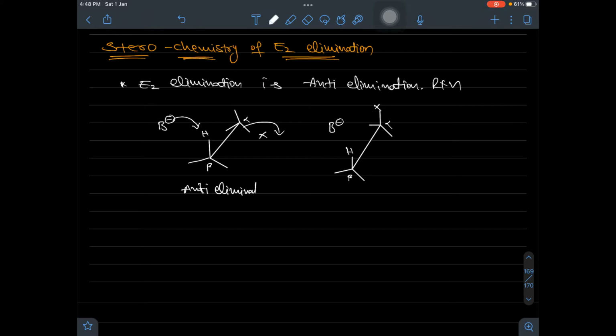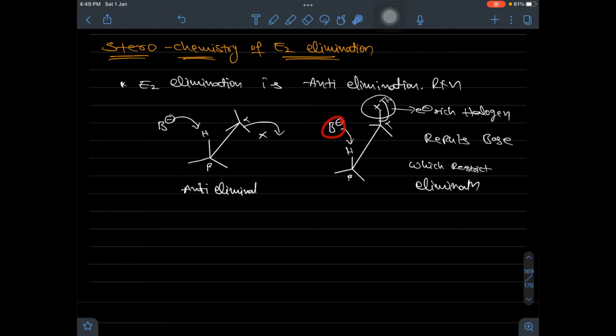When the base tries to abstract this proton by giving a lone pair of electrons, this electron-rich halogen repels the base, which restricts elimination.